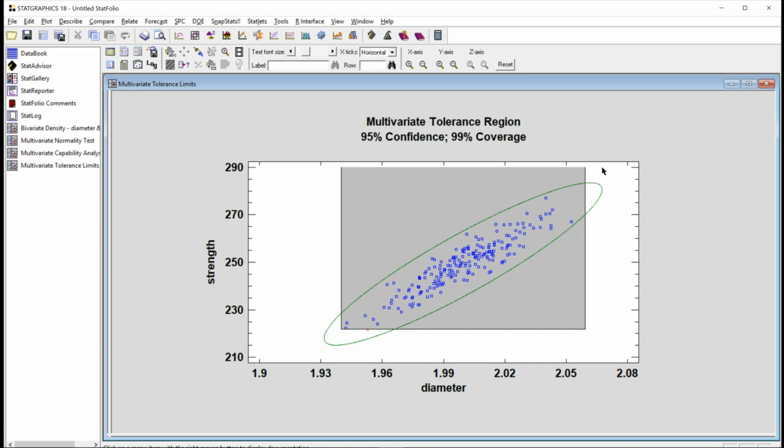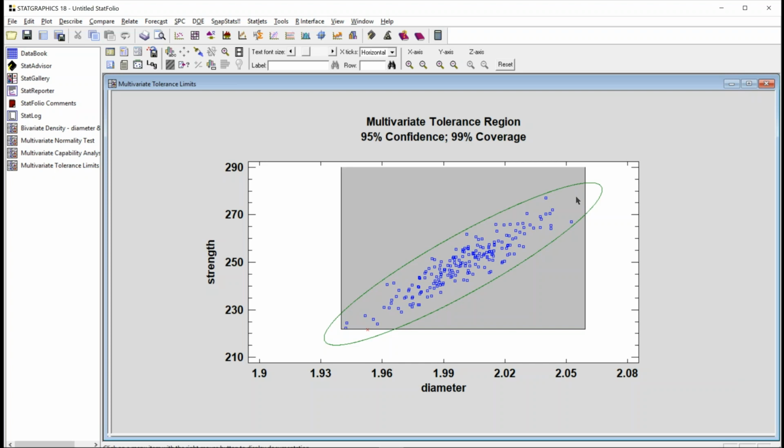The square region, which has a lower and upper limit for diameter and simply a lower limit for strength, is the joint 95-99 Bonferroni limits. The ellipse on that graph is the exact 95-99 joint tolerance region for both strength and diameter.